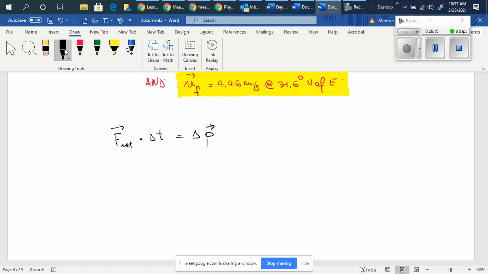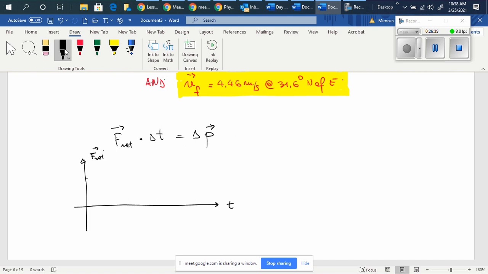So that is telling us that if we have a graph of force versus time, then the area under the graph will give us the impulse.